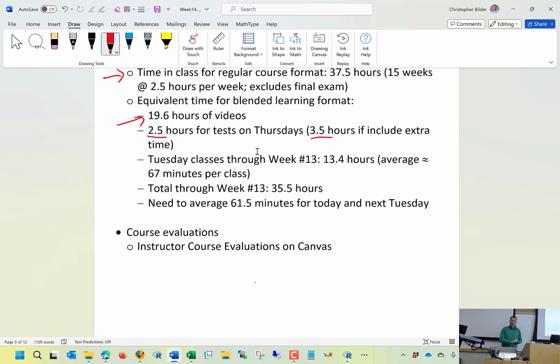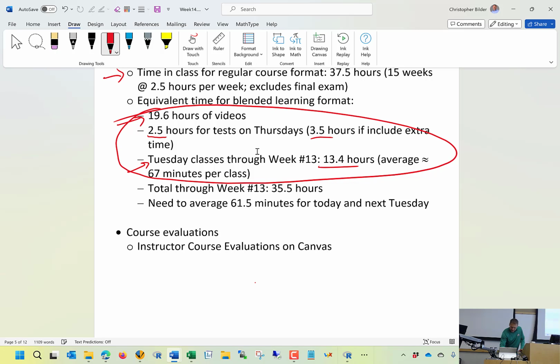But 2.5 hours. And then in terms of these Tuesday classes that we have, through week 13, which was last week, we have 13.4 hours of these Tuesday classes, on average about 67 minutes per class. If you add all this up, right now we are at 35.5 hours.